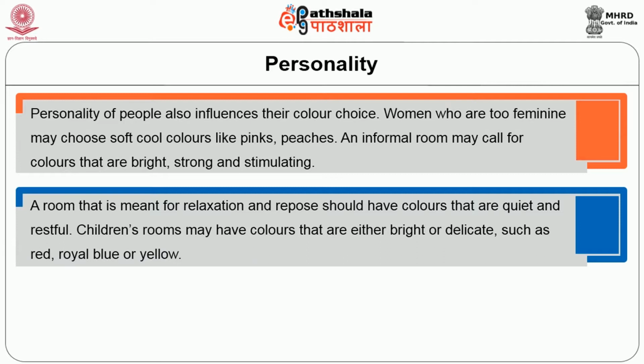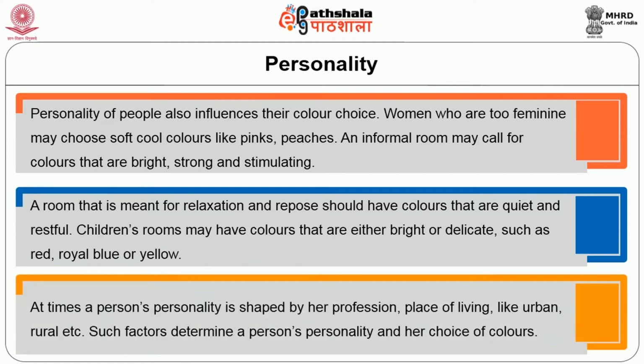A children's room may have colors that are either bright or delicate, such as red, royal blue or yellow. At times, a person's personality is shaped by her profession, place of living like urban or rural, etc. Such factors determine a person's personality and her choice of colors.